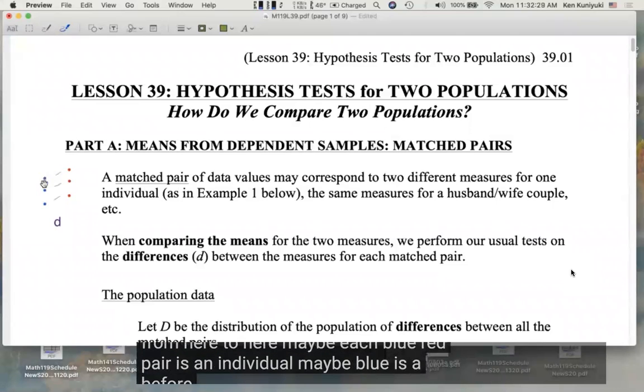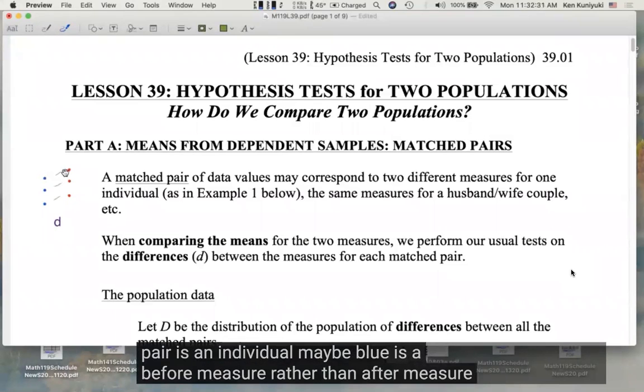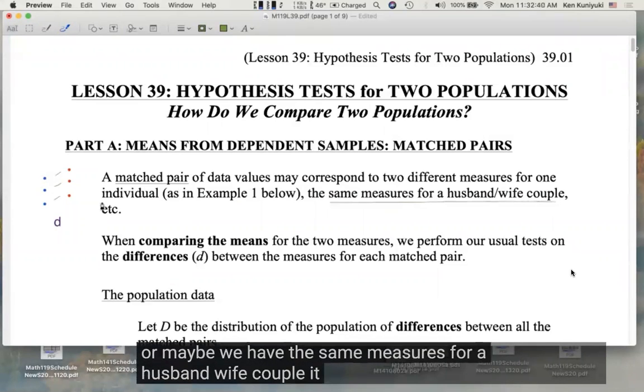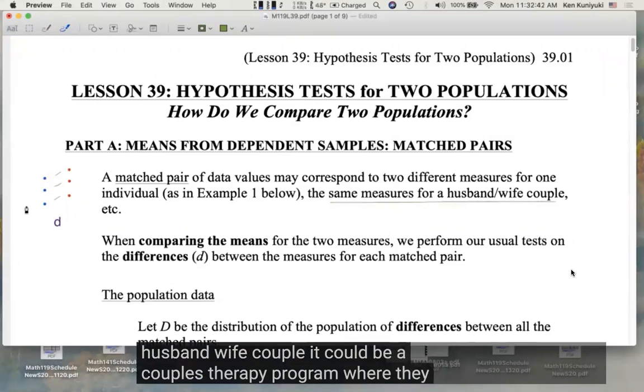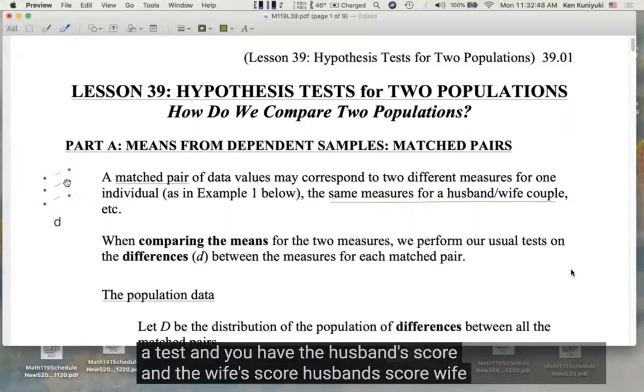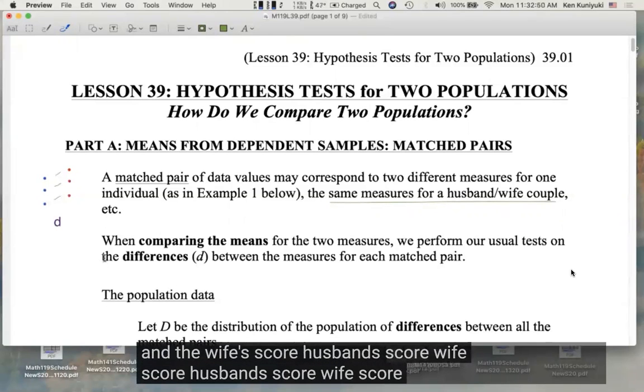Maybe blue is a before measure, red is an after measure. Or maybe we have the same measures for a husband-wife couple. It could be a couples therapy program where they take a test and you have the husband score and the wife score. Husband score, wife score, husband score, wife score.